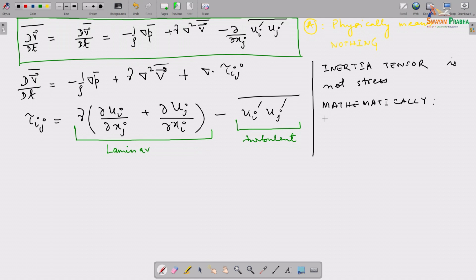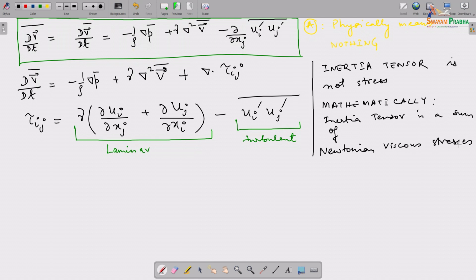So, basically now it is saying that the inertia tensor is a sum of Newtonian viscous stresses.